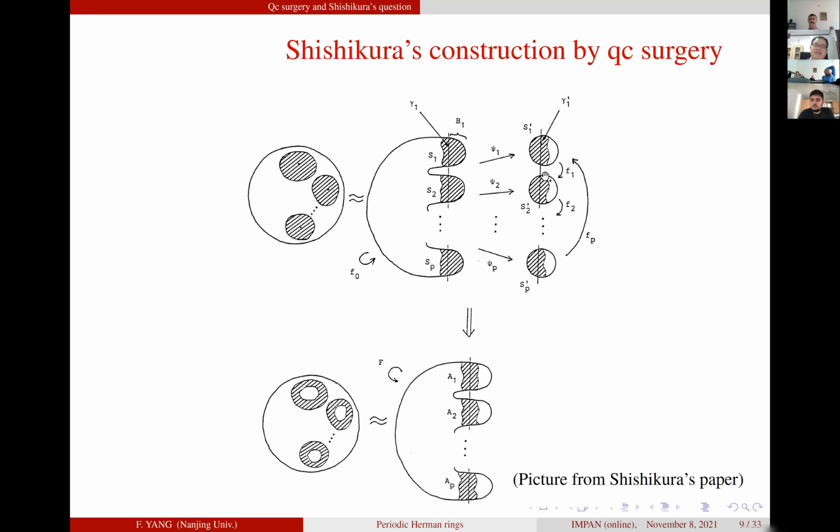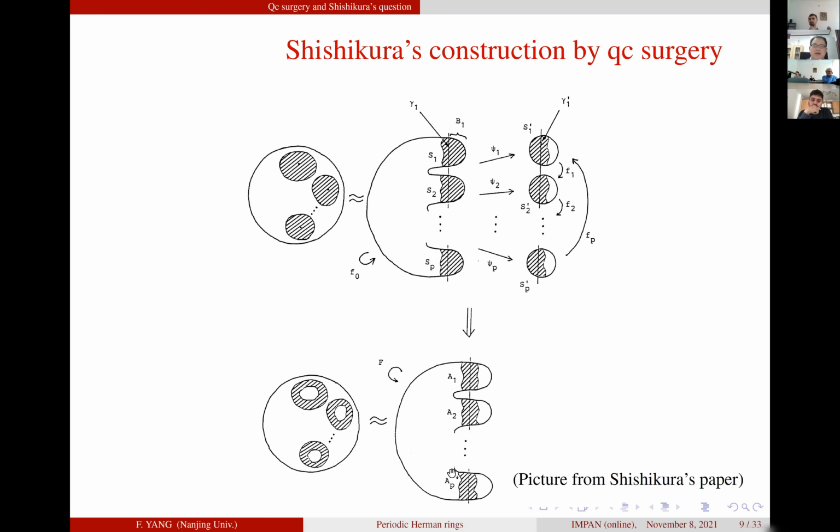Then he pastes these p Riemann spheres to the Riemann sphere along the caps in the Siegel disks to obtain a quasi-regular map like this, pasting the dynamics outside this disk, and then pasting here.